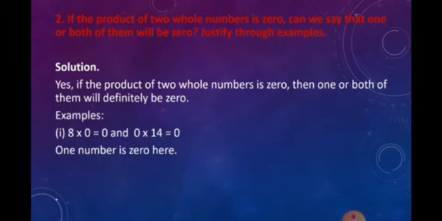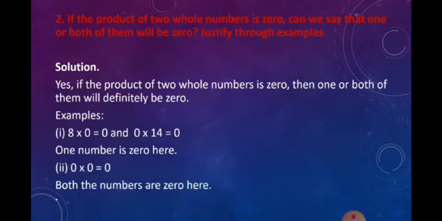First, 8 multiplied by 0 is equal to 0. 0 multiplied by 14 is equal to 0. One number is 0 here, so we are getting the product as 0. Next example, 0 multiplied by 0 is equal to 0. Here both the numbers are 0 and we are getting a product of 0. So the product of two whole numbers is 0 when either one or both the numbers are 0.